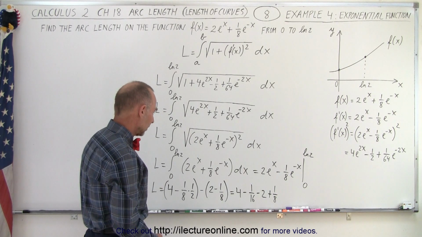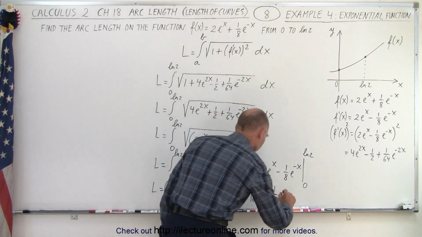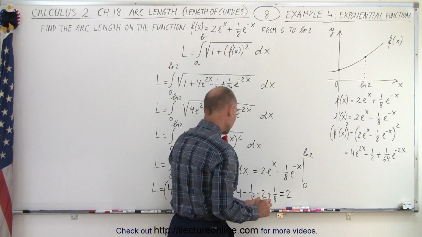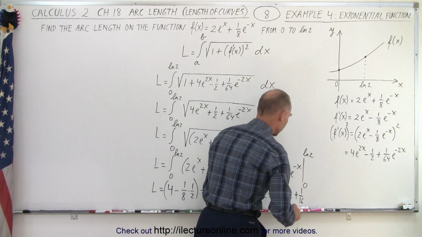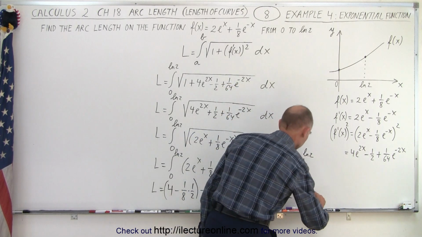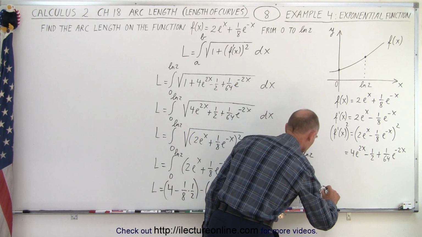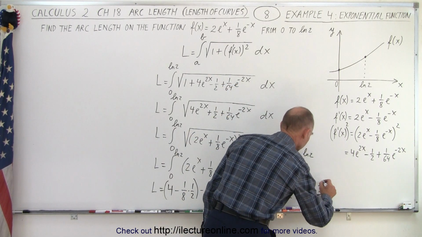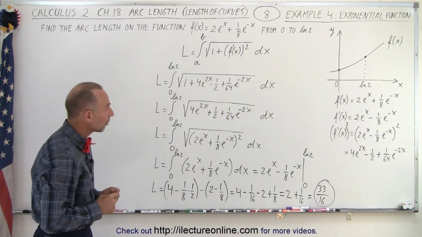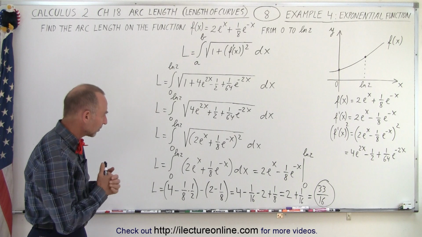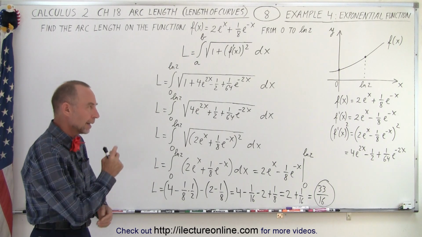All right, so that gives us 4 minus 2, which is 2, and 1/8 minus 1/16, that would be plus 1/16. So that would be 32 plus 1, or 33/16. And that would be the arc length from x equals 0 to x equals natural log of 2.